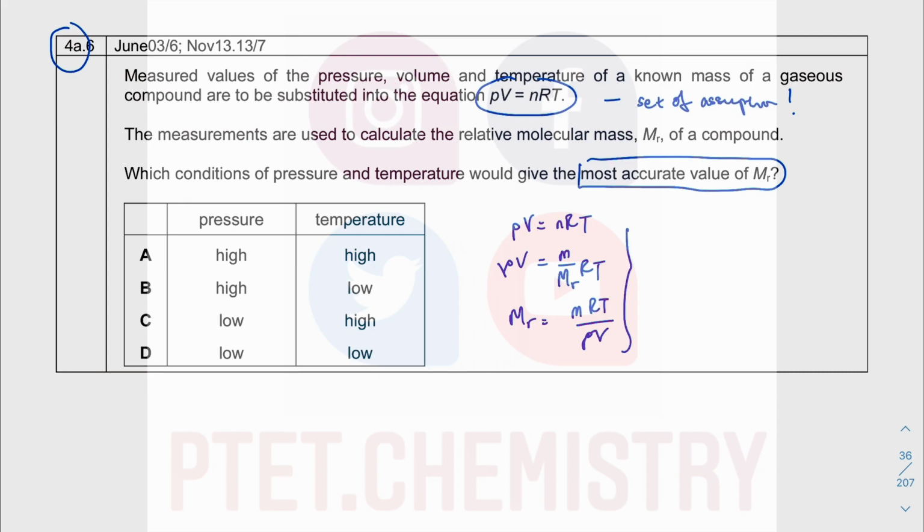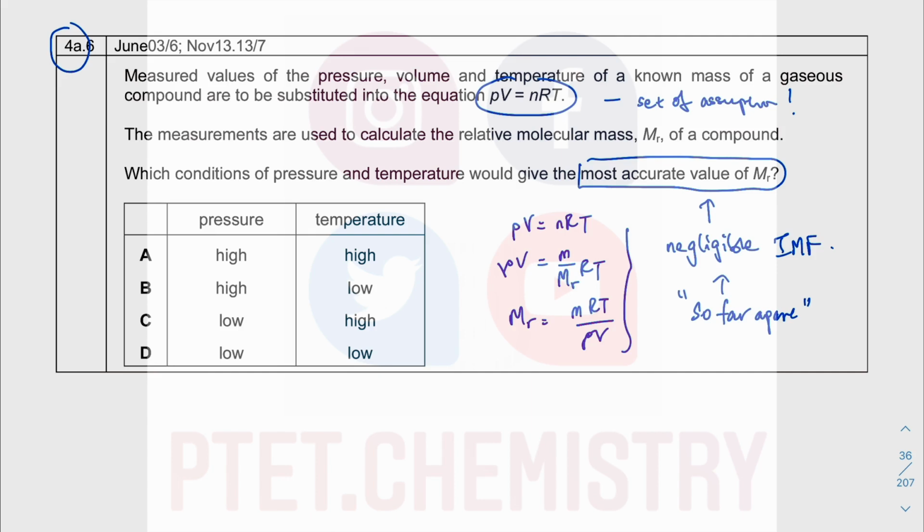So the most accurate value of Mr is when you have the best adherence to the assumption, which is negligible intermolecular forces. How can you get the forces between the molecules to be almost zero? When the molecules are so far apart, then you can get them as negligible as possible.